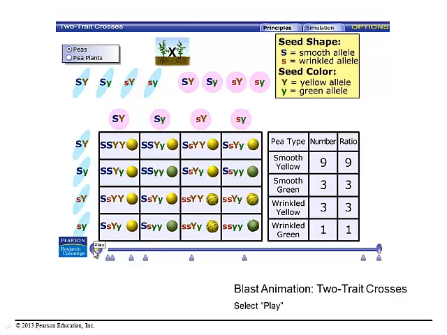Let's use blue. So if I have smooth and I have yellow, times a smooth and yellow parent. Why did I put those little things there?